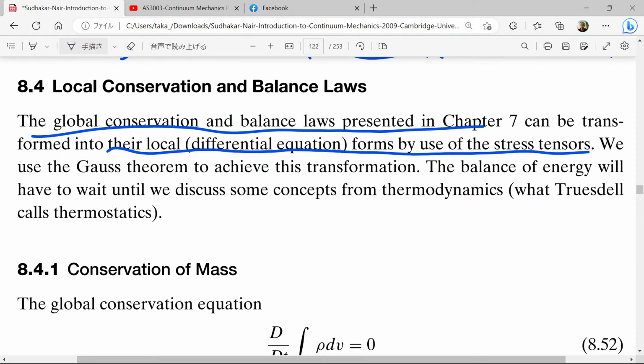We can use the Gauss theorem to achieve this transformation. The balance of energy will have to wait until we discuss some concepts from thermodynamics that Truesdell calls thermostatics.